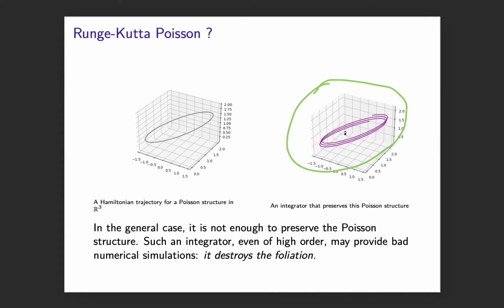Sometimes if your computer is not powerful enough, you have to take some big time step to reach the time you want. If you take a smaller time step, you have to do more iterations, and sometimes you cannot. You don't have any time for this, for instance.